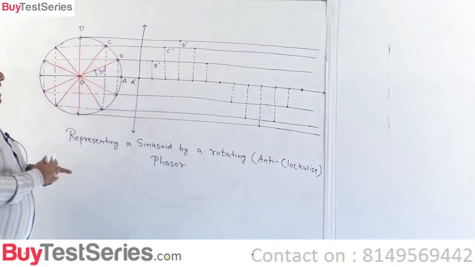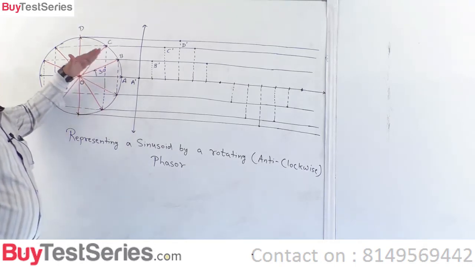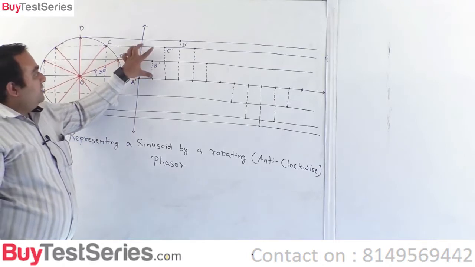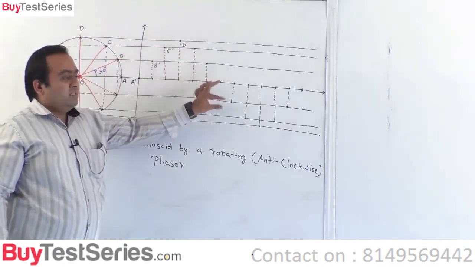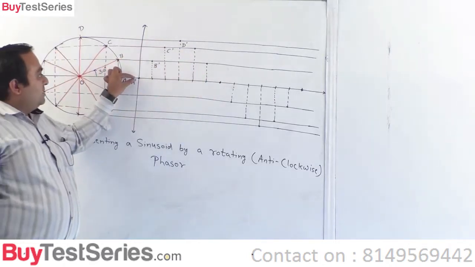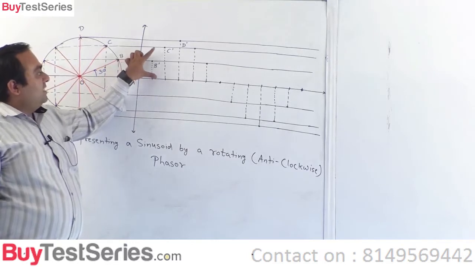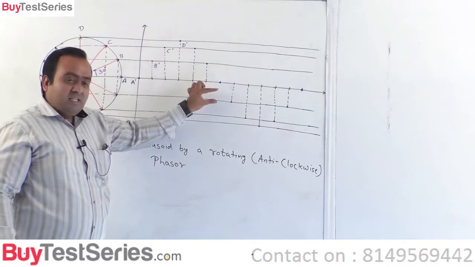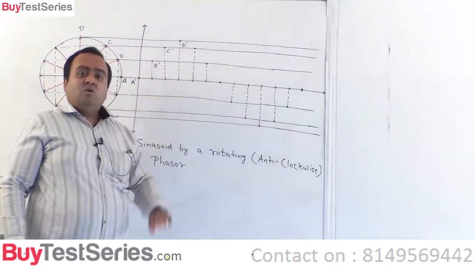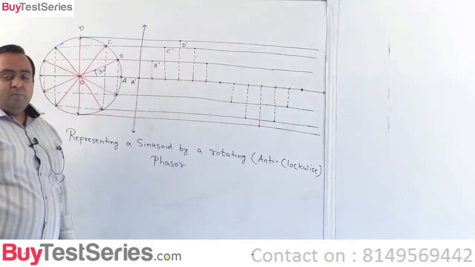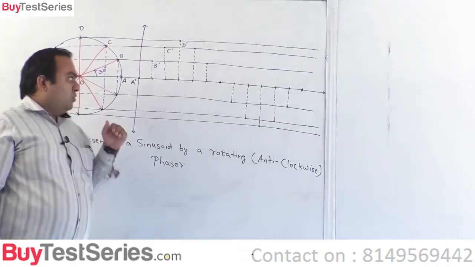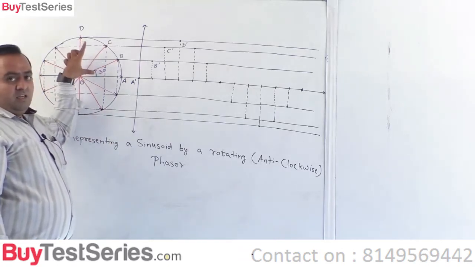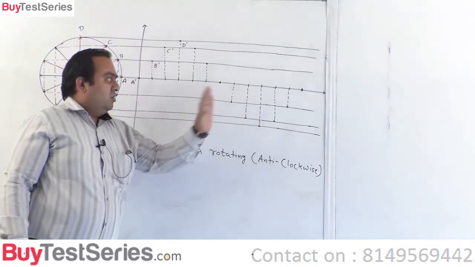Alright, so as this phasor is rotating anti-clockwise, its vertical projection is following a sine law. This you can see. This is 0 height, then it increases, then it further increases, then reduces, becomes 0, increases on the negative side, and this is how the sine law is followed. It means when the phasor is rotating anti-clockwise, its vertical projection is following a sine law.